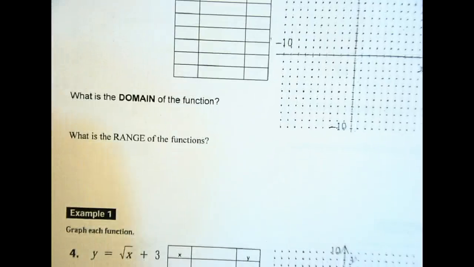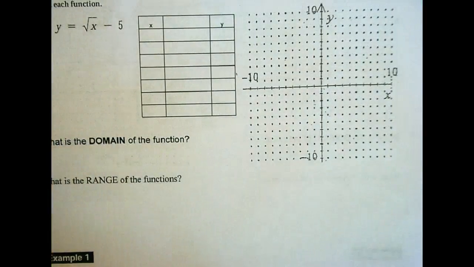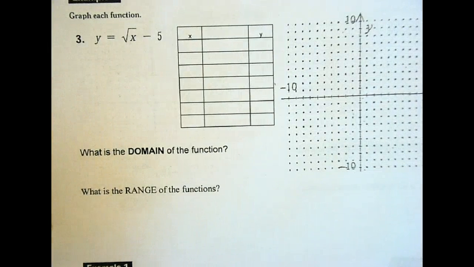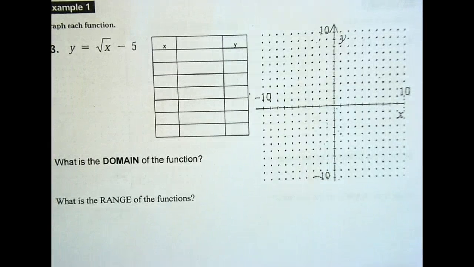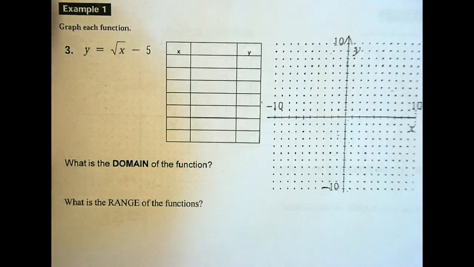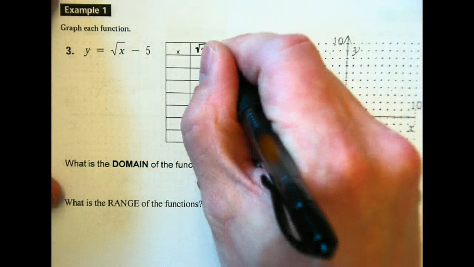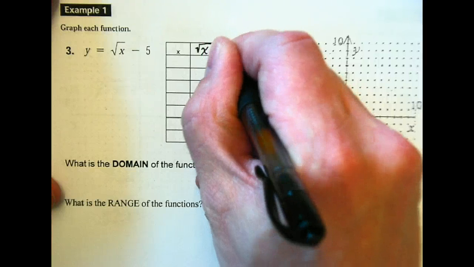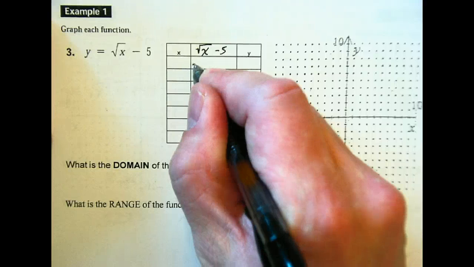Okay, moving on. I want you to try number 3. Before you tell your neighbor, I want you to write down what the domain and range are on number 3. Write it down first. What are the domain and range going to be? Be careful. Remember this one? This one's different now. We have x, and we have the root of x, and we have minus 5. You want to try to make the radical 0.